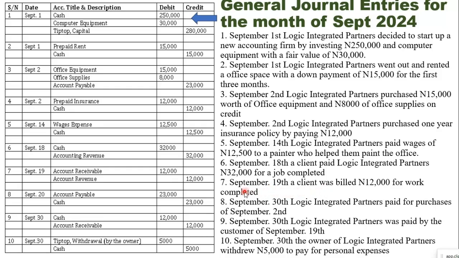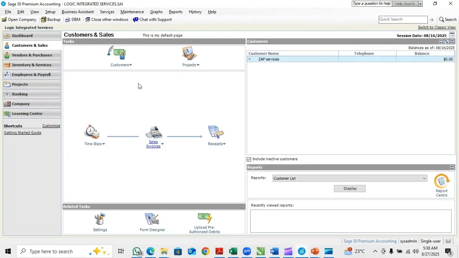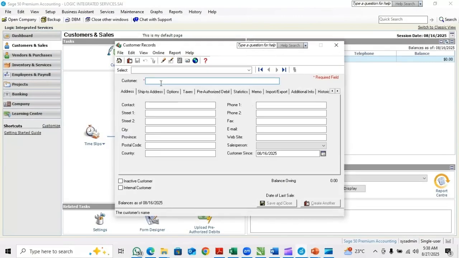The customer has not paid money, so you are going to send an invoice that is unpaid. An unpaid invoice, that is number 7, unpaid invoice. So we have 12,000 naira. So let's go to another customer who we also provided service, but he has not paid, so we only give him a bill. So here we're going to use Mr.